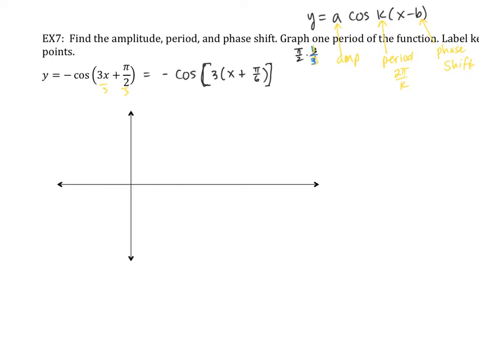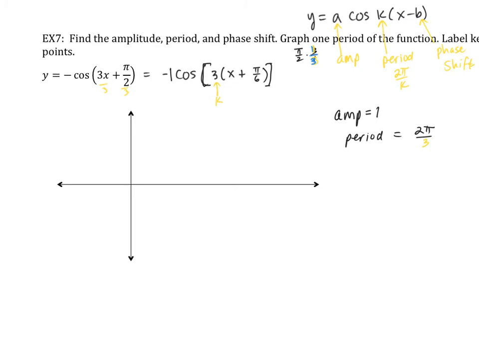Now we can see that my amplitude is 1, because this would be like a -1 times the cosine. All right, so the amplitude is 1, and my period would be 2 pi divided by, right, there's my k, so divided by 3.